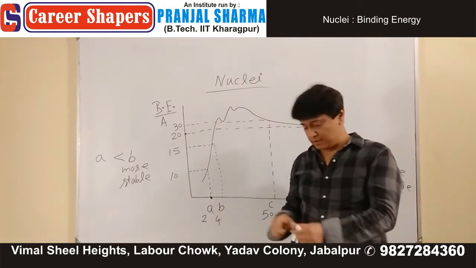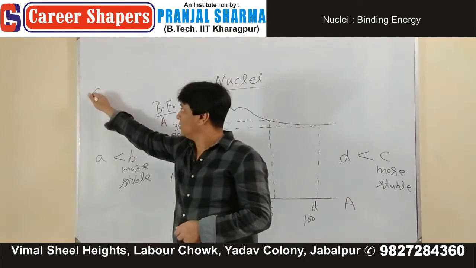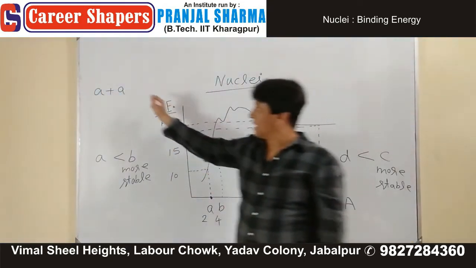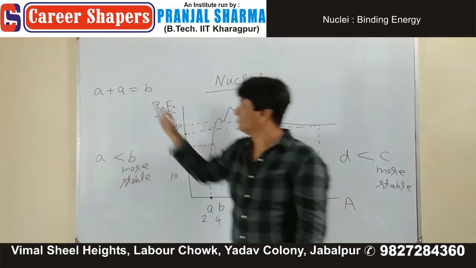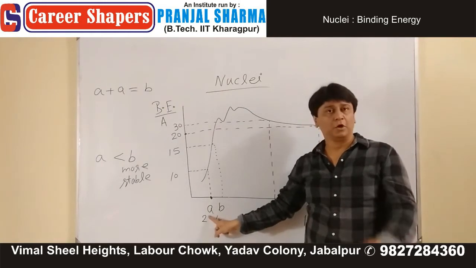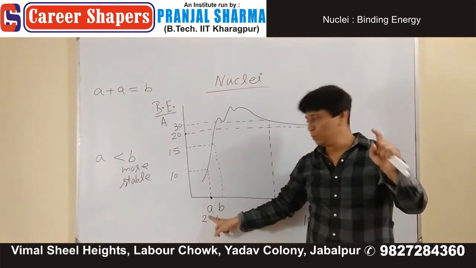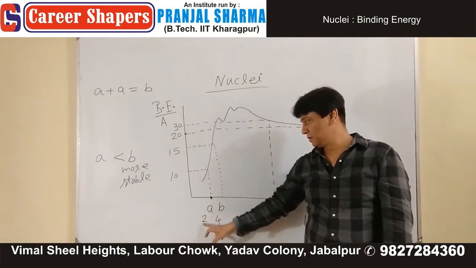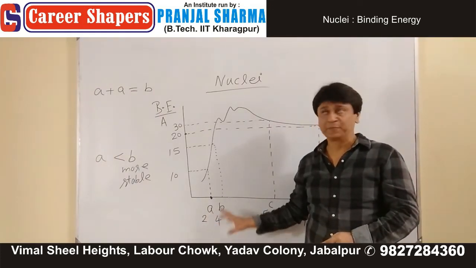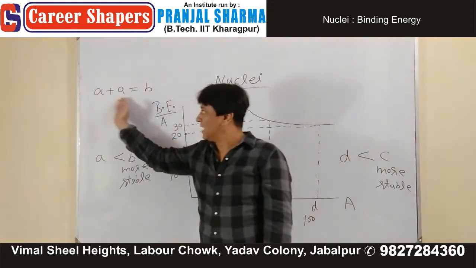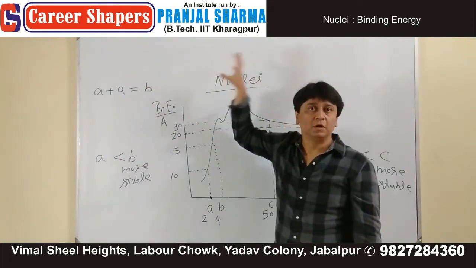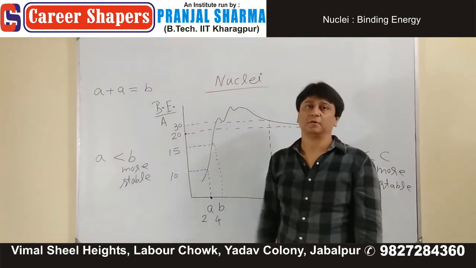If I can do this, A plus A, and then I get B. If I can combine two nuclei of A, 2 plus 2 will give us what? 4. Then from less stable I reach a more stable stage.